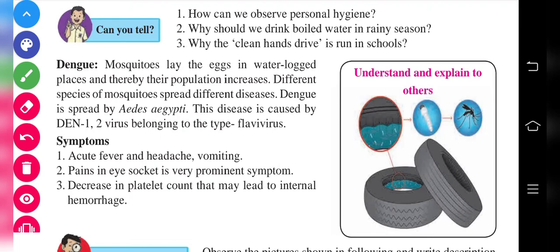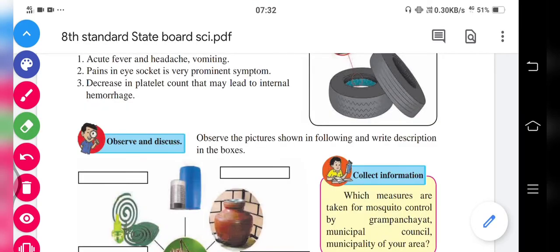There is a decrease in platelet count that may lead to internal hemorrhage. Platelets are our body's soldiers, and their count decreases when a person is suffering from dengue. A decrease in platelet count may lead to internal hemorrhage, which is very harmful.